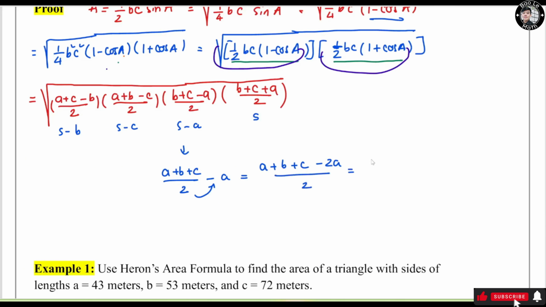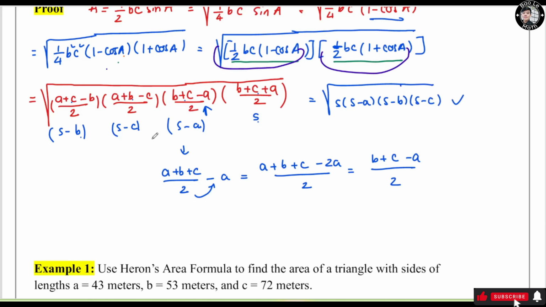Simplified, this is (b plus c minus a) over 2, which is right here. You do exactly the same thing for the others. So finally, you replace this with s, this with s minus a, this with s minus c, and this with s minus b, and this formula has been proved.